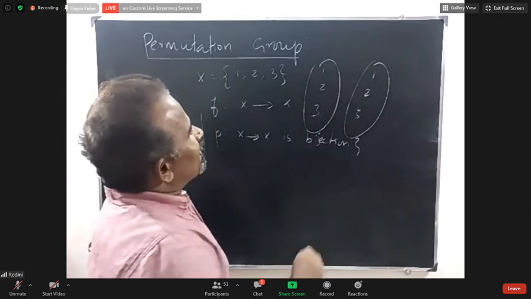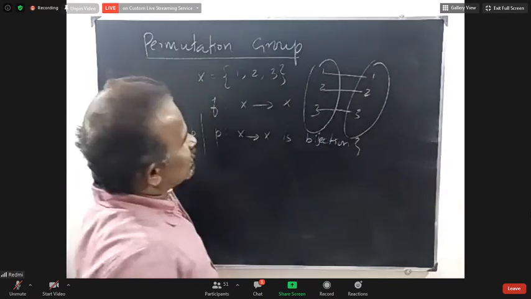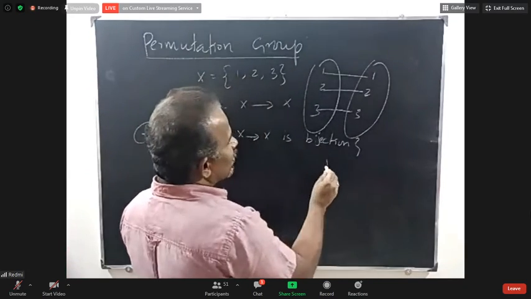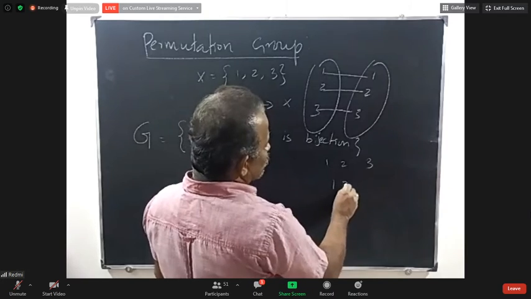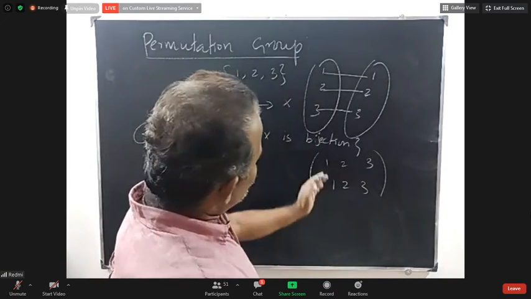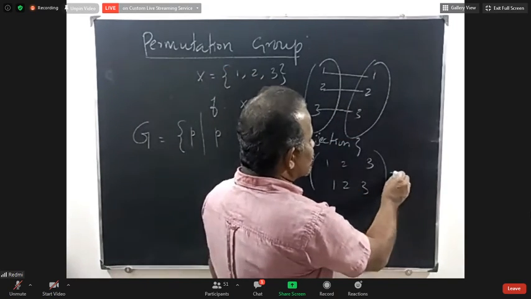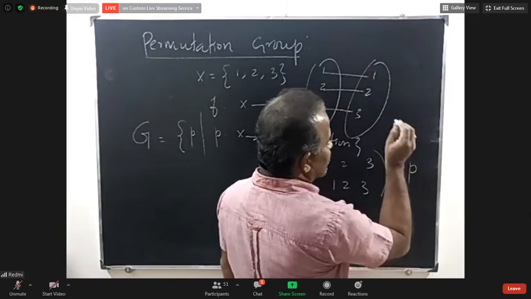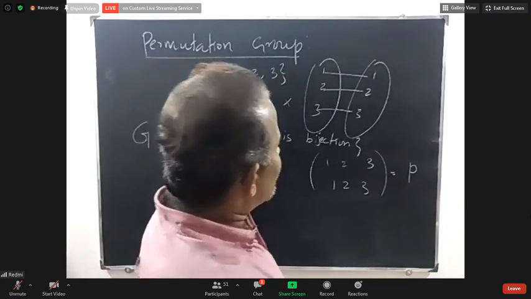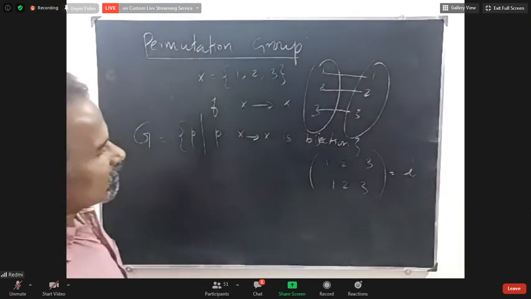What are the possibilities? One choice is 1 goes to 1, 2 goes to 2, 3 goes to 3. This is called the identity permutation. Let us take this as I.